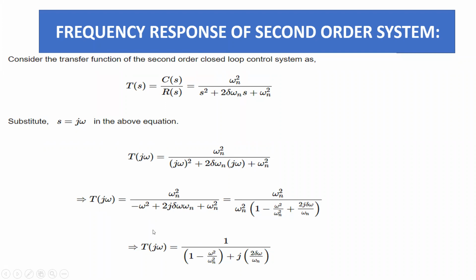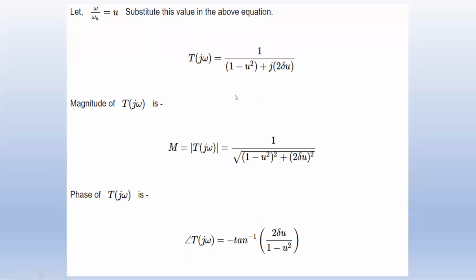So the overall transfer function will look like this, with a real value in the numerator and a denominator with a complex number having real and imaginary parts as well. If we find the magnitude and phase of this, we will get the output as follows.